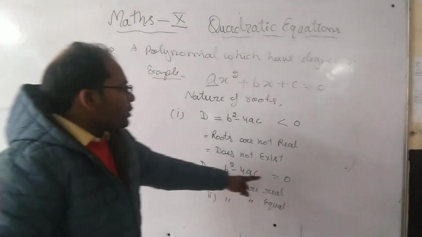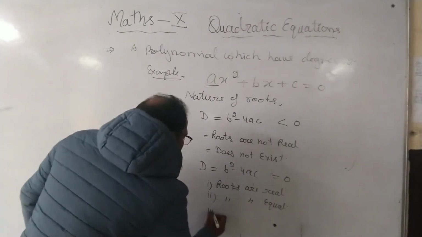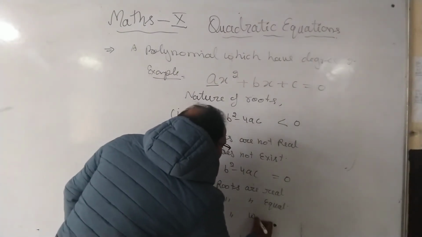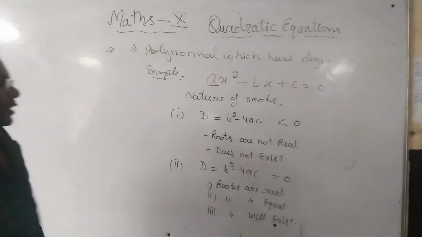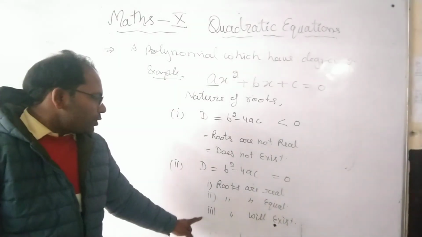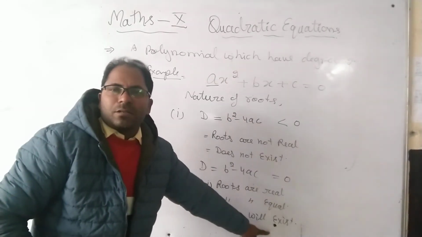Third, roots will exist. When the discriminant is equal to 0, this is the nature of the roots: roots are real, roots are equal, and roots will exist.